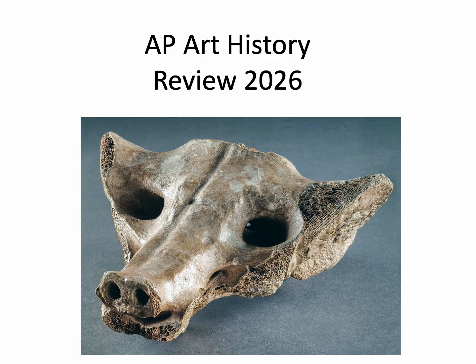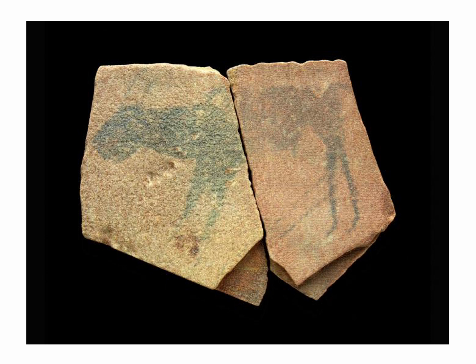Okay, so the Paleolithic period is 40,000 to 8,000 BCE. And in this time period, there were no examples, or at least ones that have survived, of written histories, written anything really.